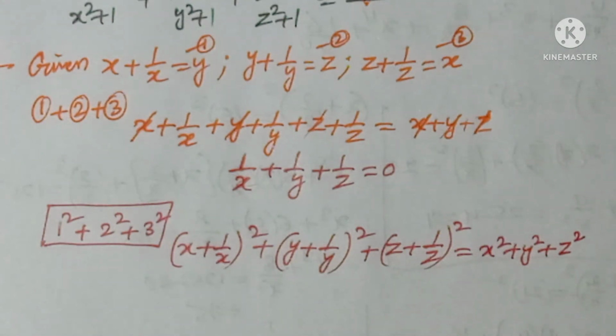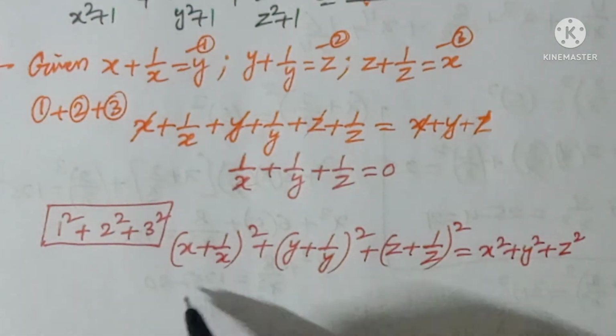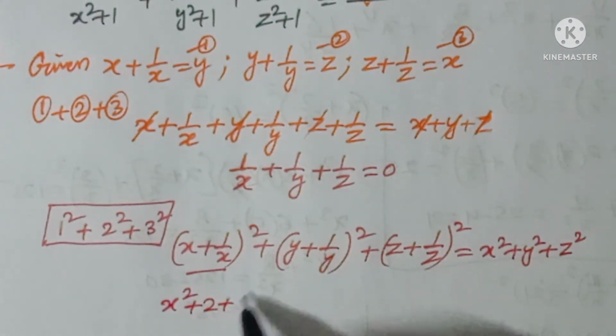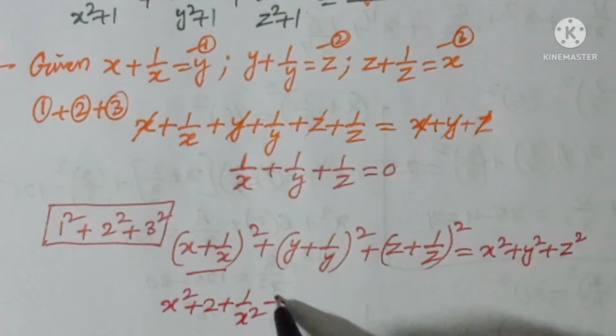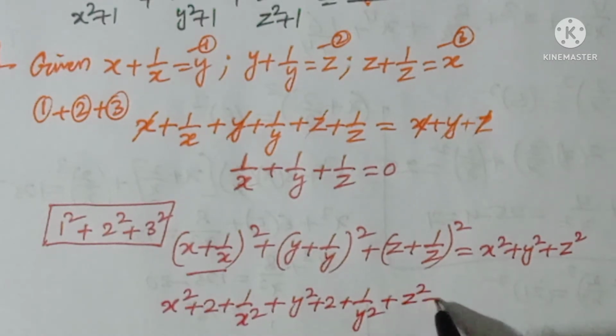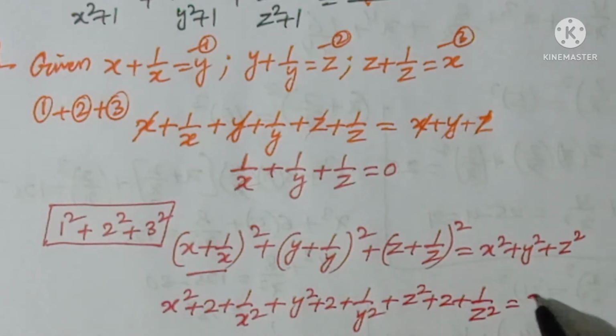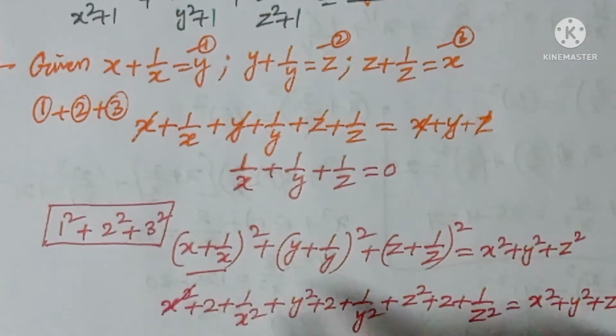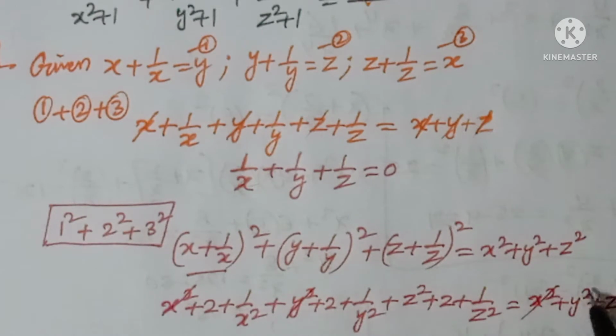So what will we get here? The (a plus b) whole square formula: a square plus 2ab plus b square. Here also a square plus 2ab plus b square. So here also x square gets cancelled, y square gets cancelled, z square cancels.